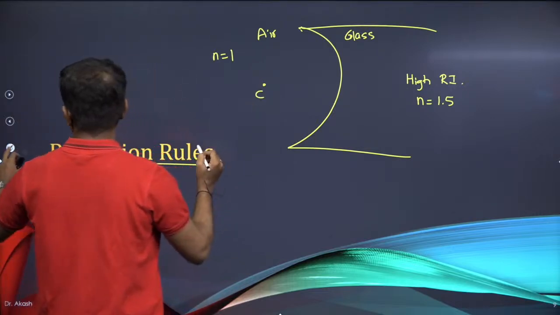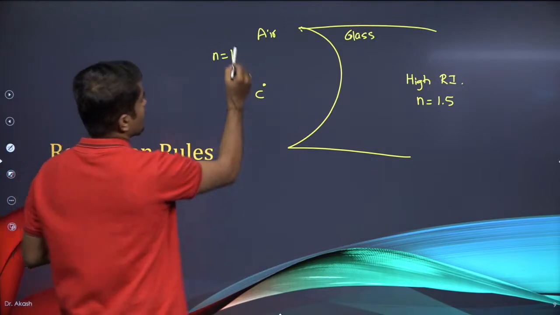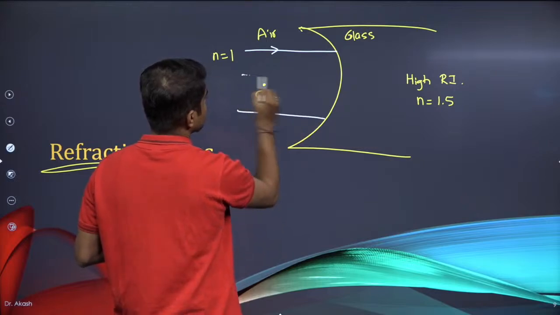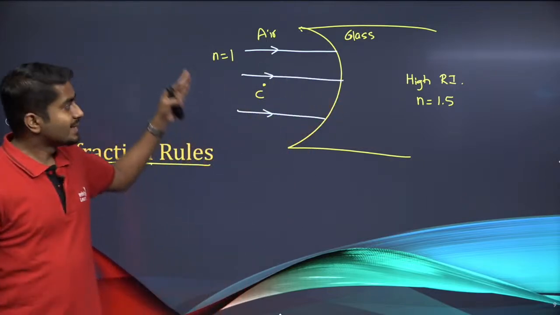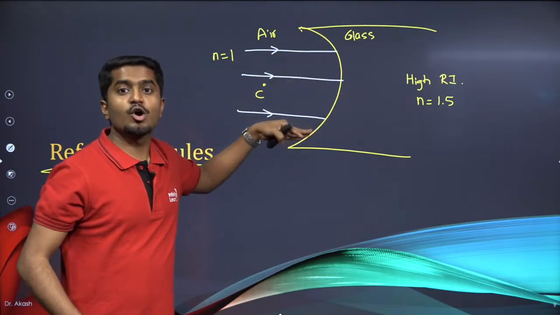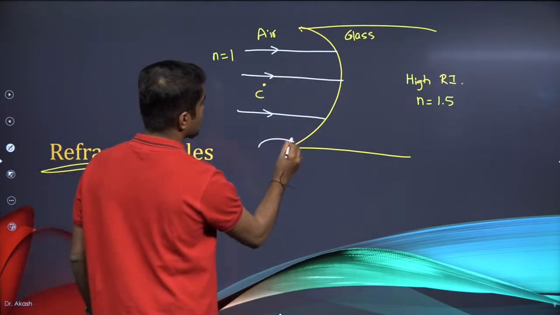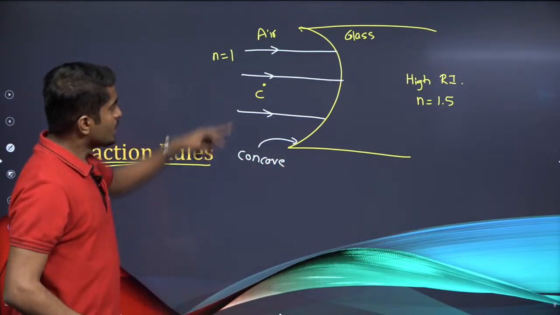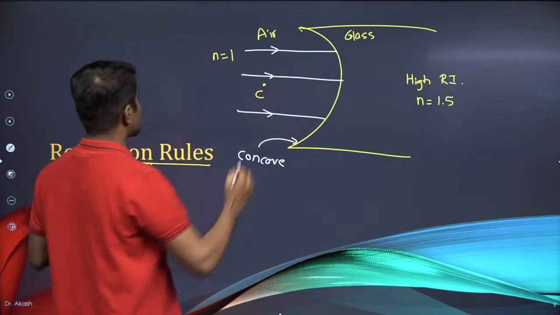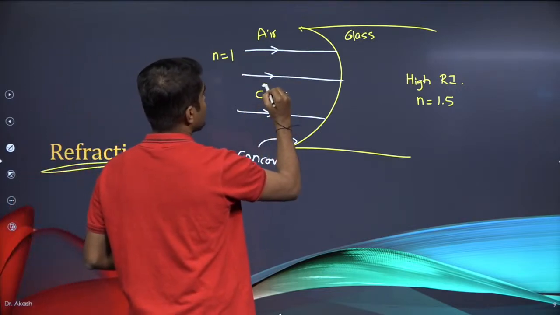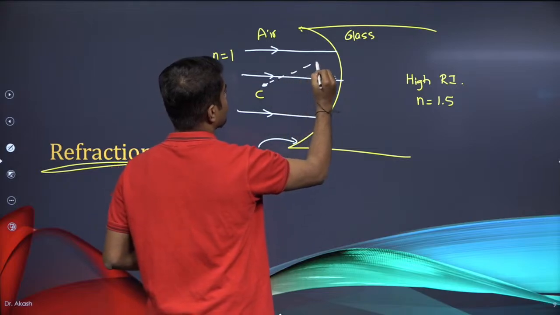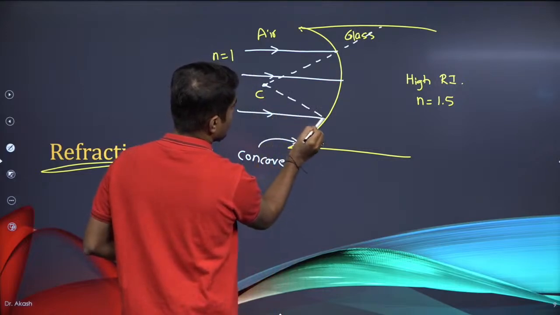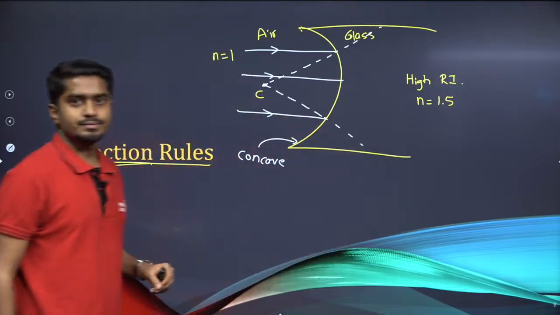Now there are certain incident rays, falling on this concave surface. At all these points you can draw the normal. From the center you can draw this normal, correct? Again here you can draw a normal, right?